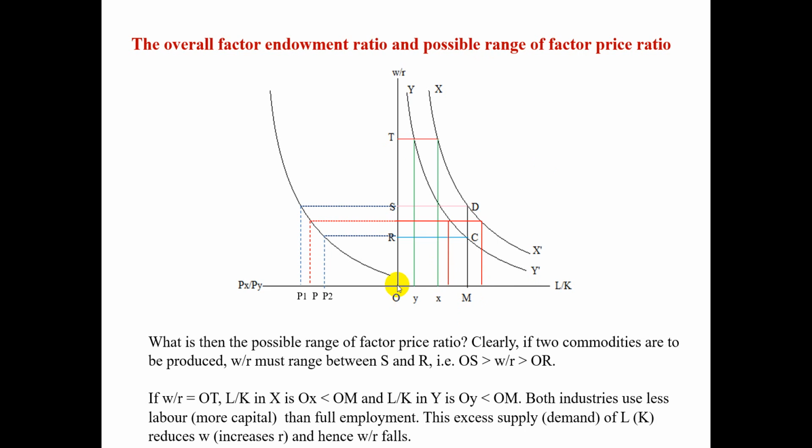Now if the endowment ratio is OM, then the wage rental ratio must lie in between OS and OR in order for both the commodities to be produced. So let's see why this happens.